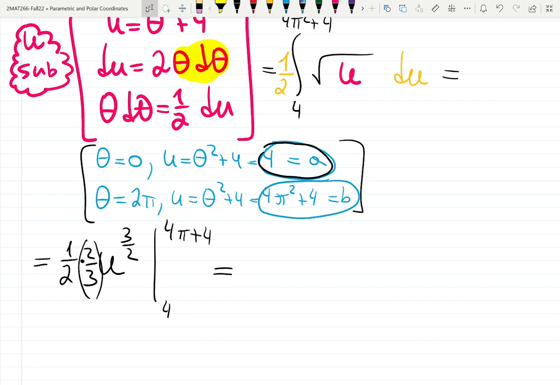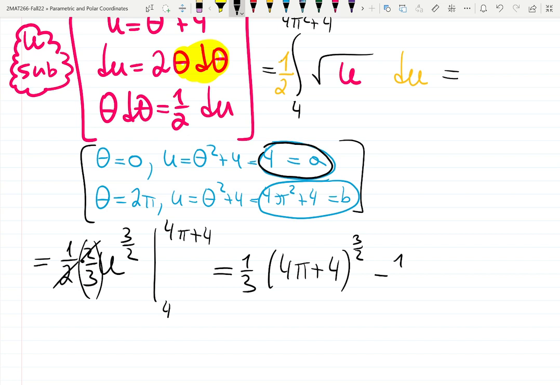Now, the answer follows actually. 2 cancels out 1/3. And we're plugging in and we're getting some kind of not very pleasant numbers, I can see. But who cares? 4 pi plus 4 raised to the 3/2. That can be simplified.